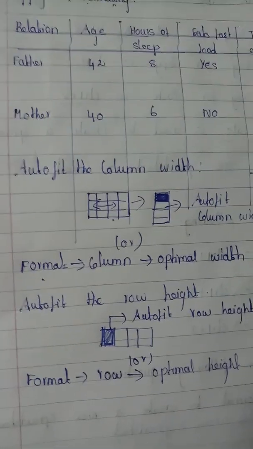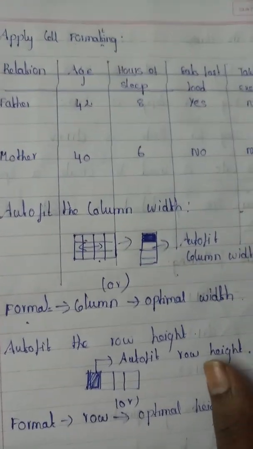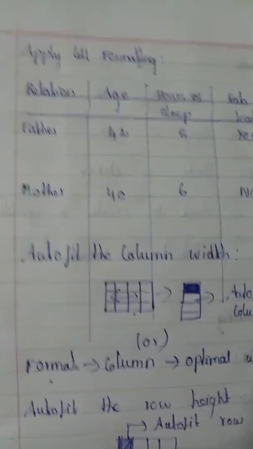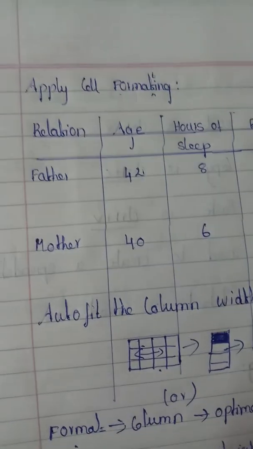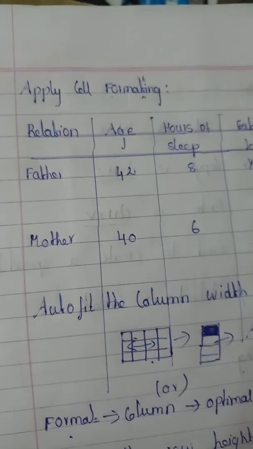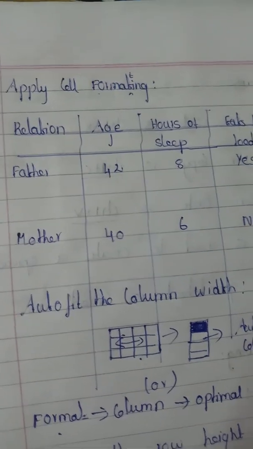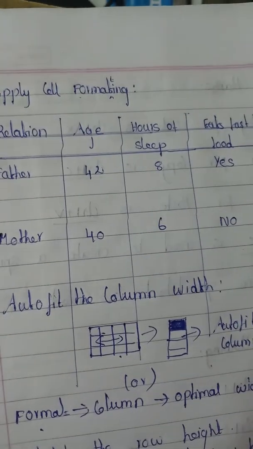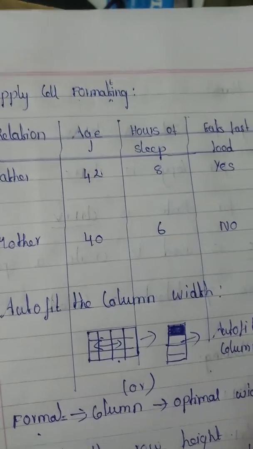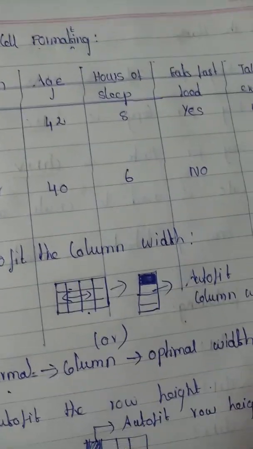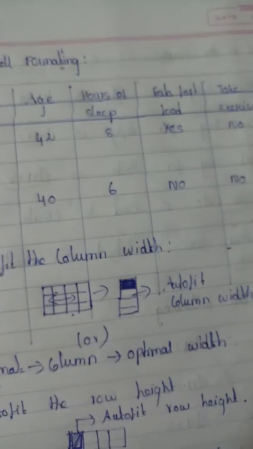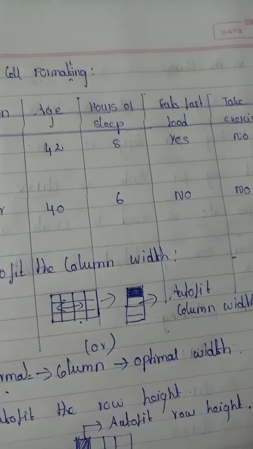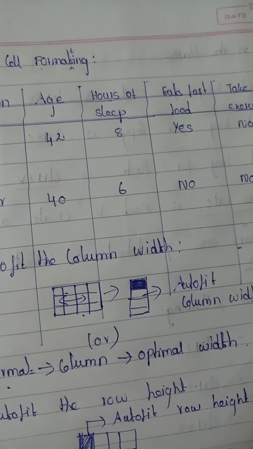After applying this method, it will change into: first one is relation and the second one is age, and it will fit into a single cell like this. Eats fast food also like this.